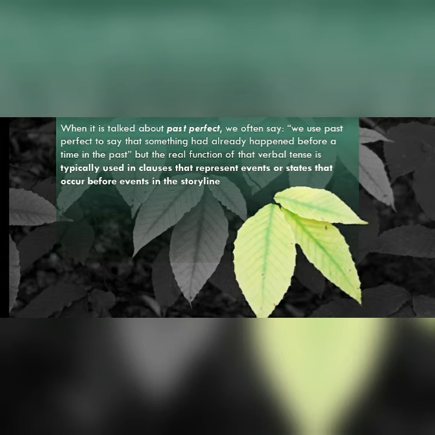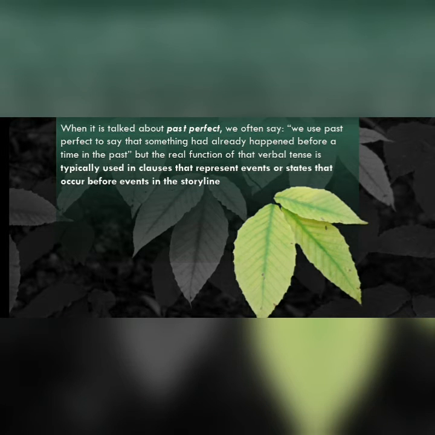When it is talked about past perfect, we often say we use past perfect to say that something had already happened before a time in the past, but the real function of the verbal tense is that it is typically used in clauses that represent events or states that occur before events in the storyline.